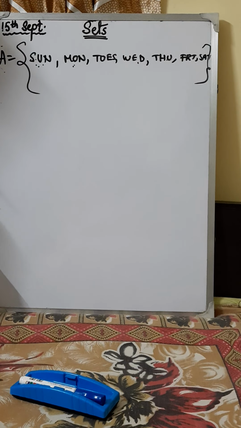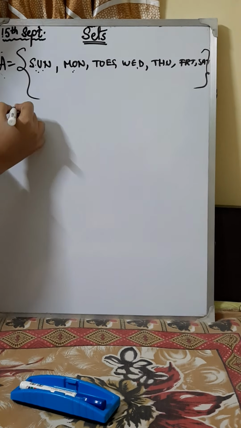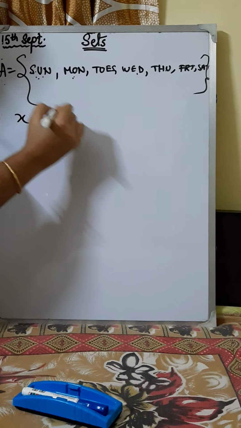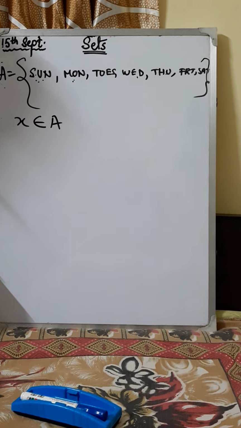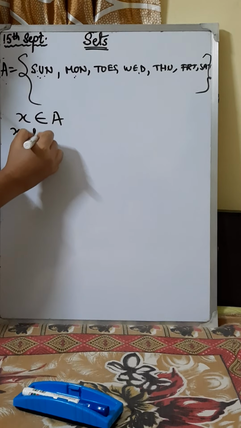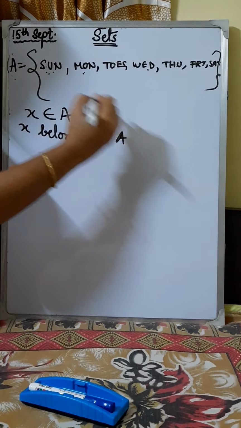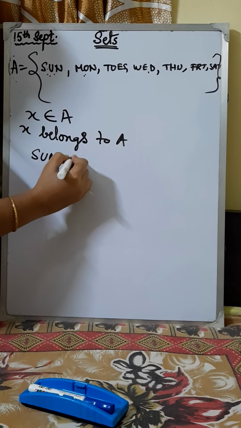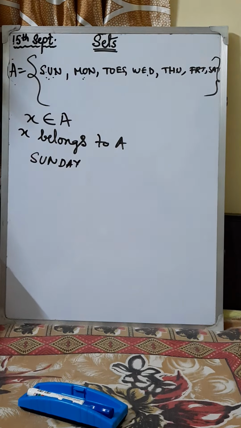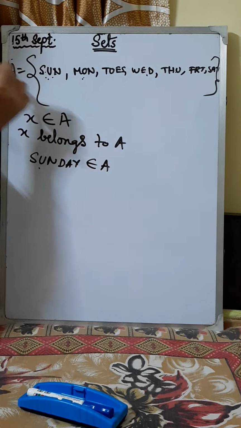Now, if x is an element of set A, we write x with this symbol, which means belongs to, so x belongs to A. See from this example, Sunday is present in this set, so we can say that Sunday belongs to A.